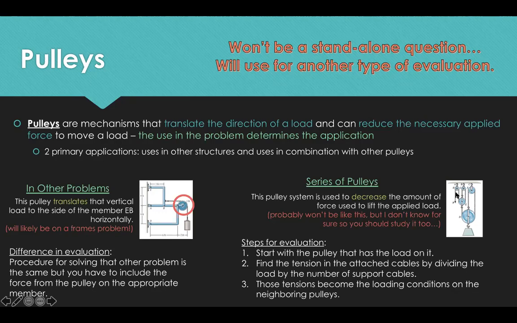So you only need 10 pounds to lift that 90 pounds, which is kind of cool. Basically it's the load divided by the number of cables coming off of the top of the pulley, and you just find out where that tension becomes the new load.